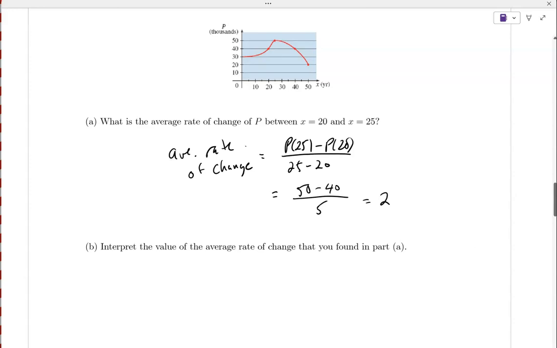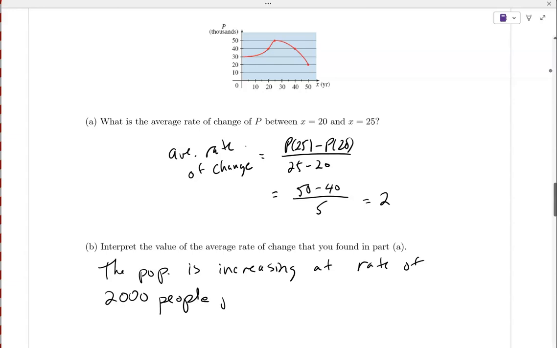Years, right? So this 2 tells us the population is, since it's positive or negative, is it going up or going down? Up, right? It is increasing at a rate of 2,000 people per year on average.